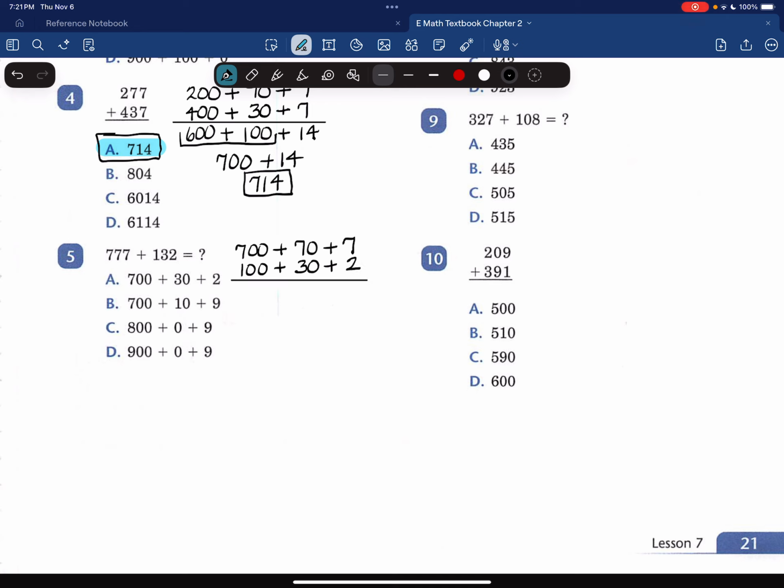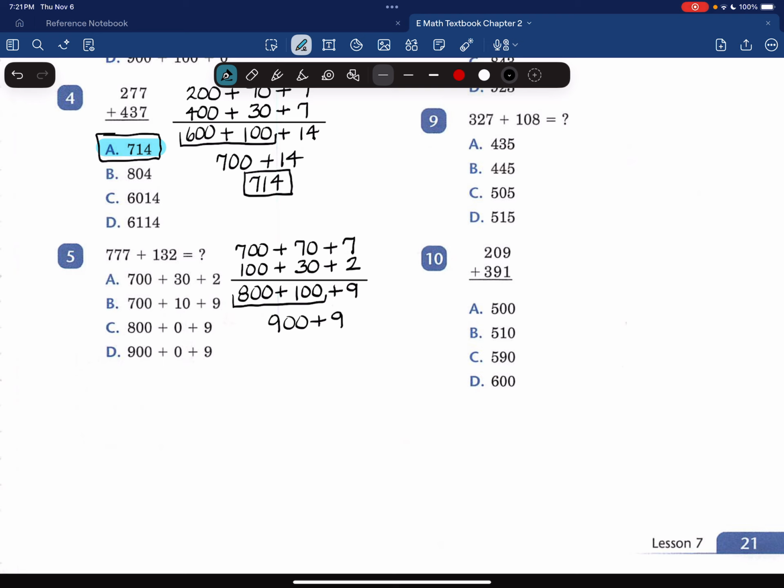And I will make 800s, 109, and then combine those to get 909.